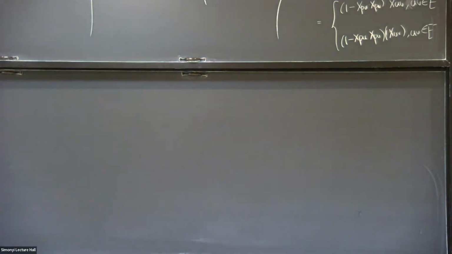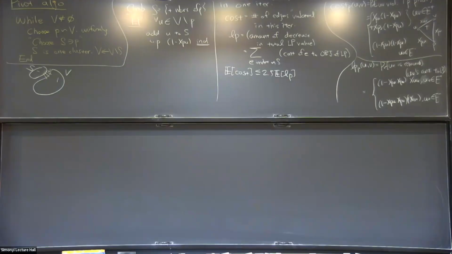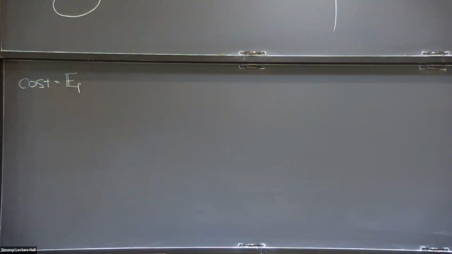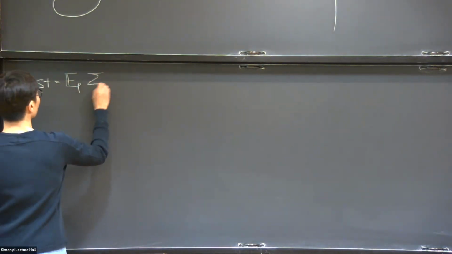Still within one iteration, we define cost and LP, but we define them through those little quantities. So what is cost? Cost is nothing but, we choose the pivot randomly and then we sum over all the edges, P and then UV.